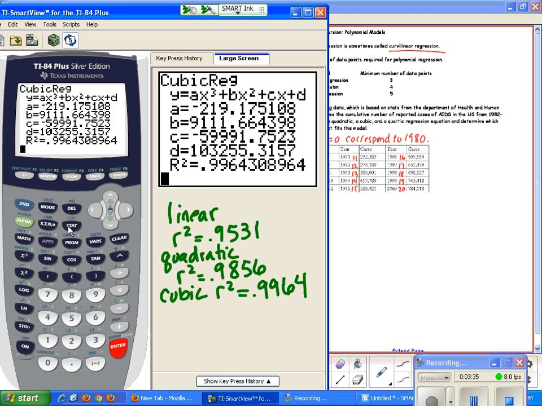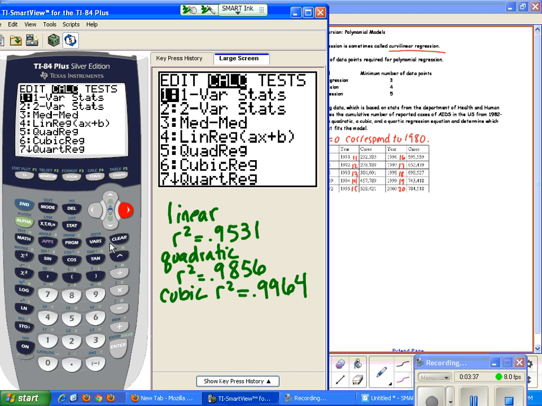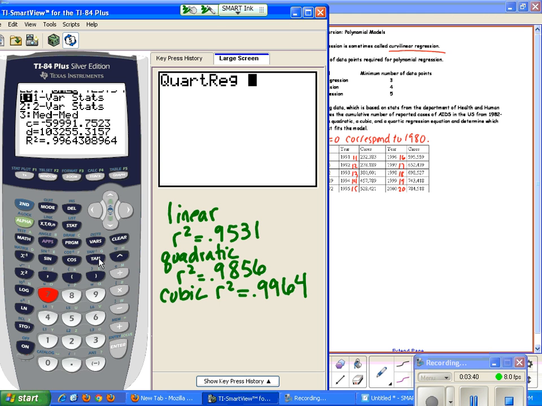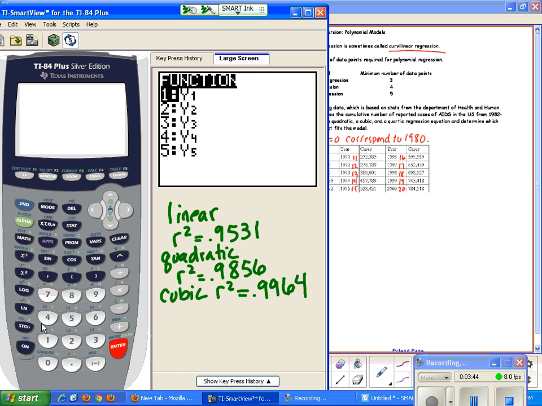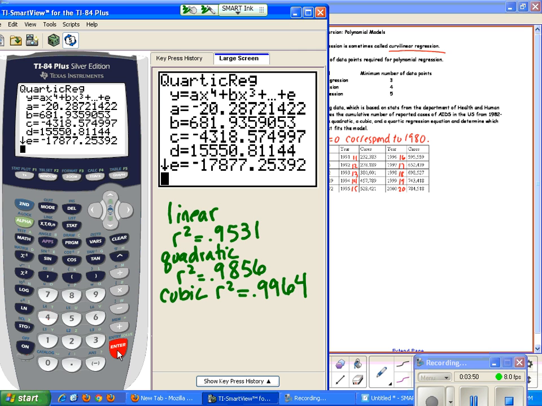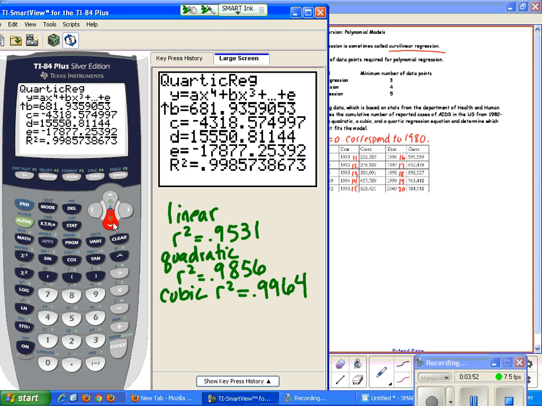And the last one is quartic, and I'm going to put this into y4. I'm going to scroll down to look at my r squared.